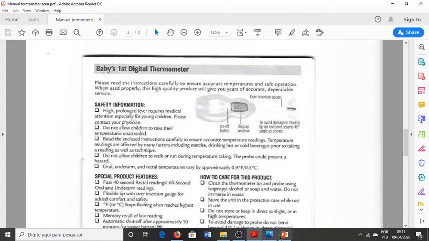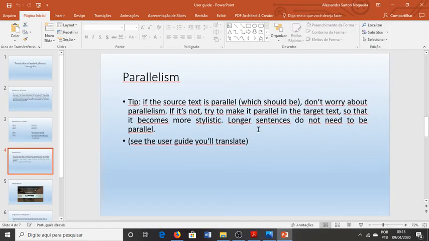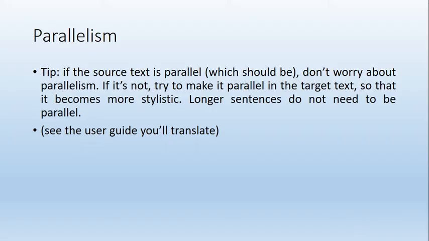So what I mean by they do not need to be parallel is that they do not need to be the same types of sentences, the same structure of sentences, okay? They could be imperative or subject, verb, object, past or present, whatever works for the text, okay?